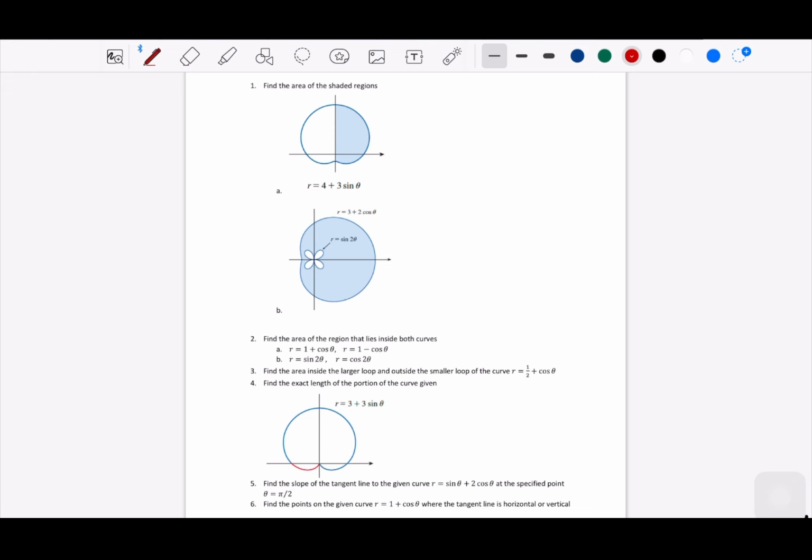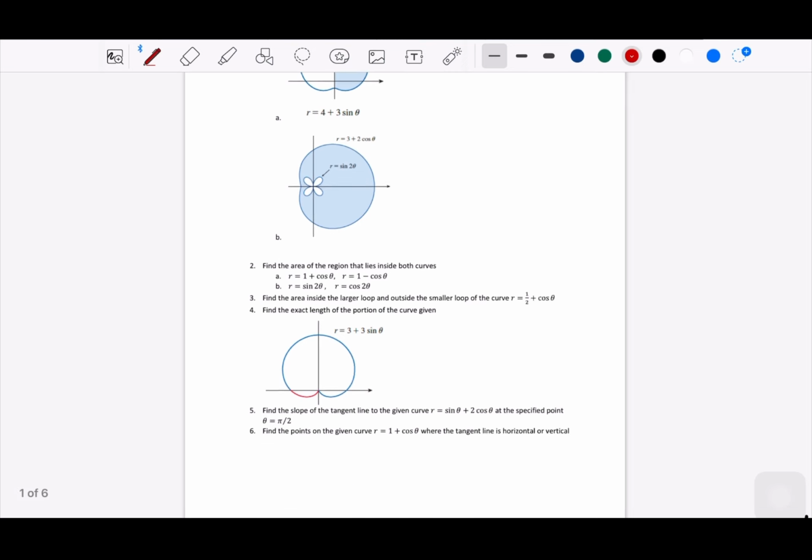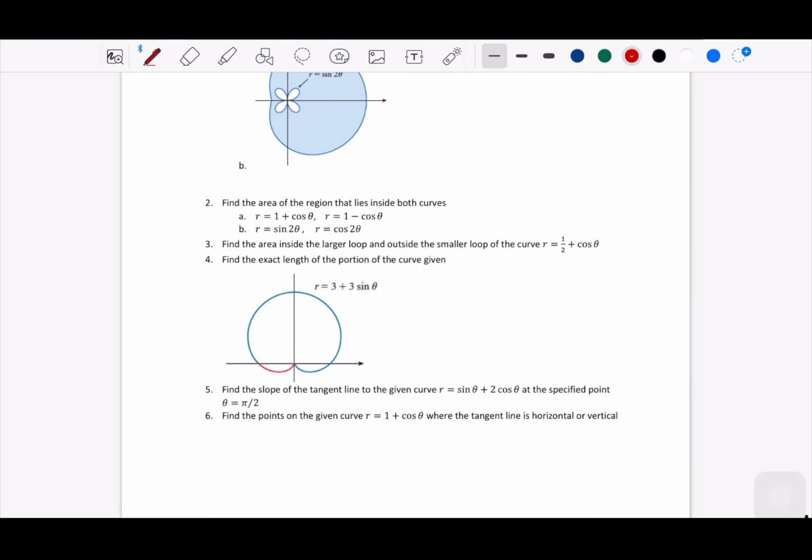And then number 5, the tangent line. I think that is a typical question. And remember, when you solve the tangent line, polar and parametric are the same. The difference is if you want to take the polar, change everything to r and theta, and then you can use that, or you can take it back to the parametric one.